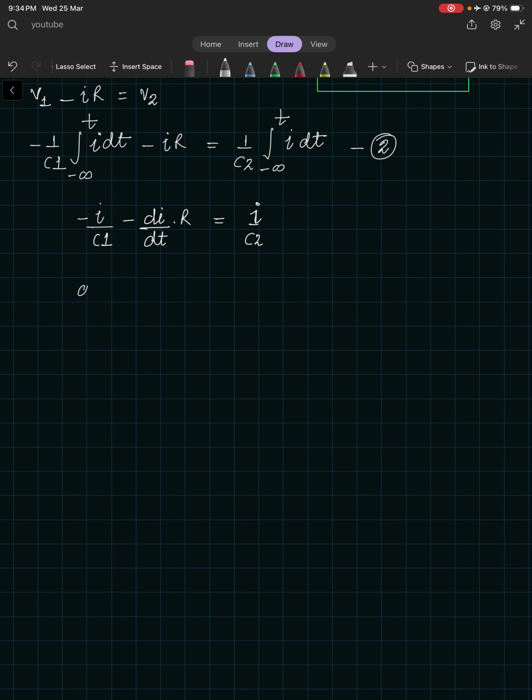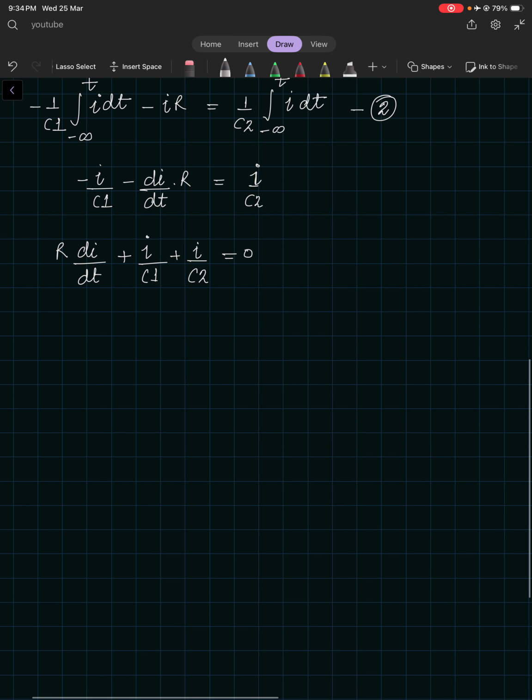So it will become R di by dt plus I by C1 plus I by C2 is equal to 0.